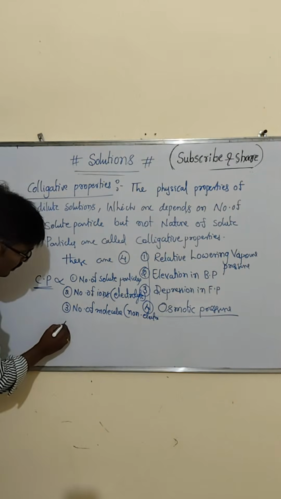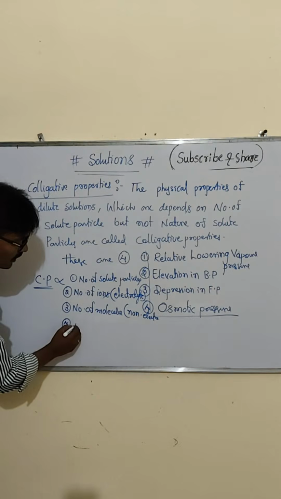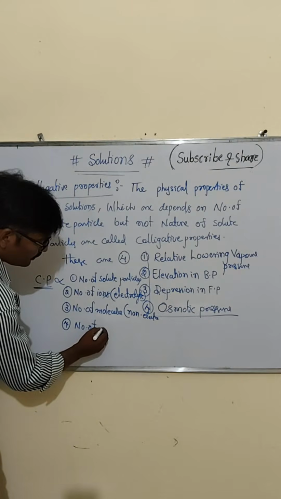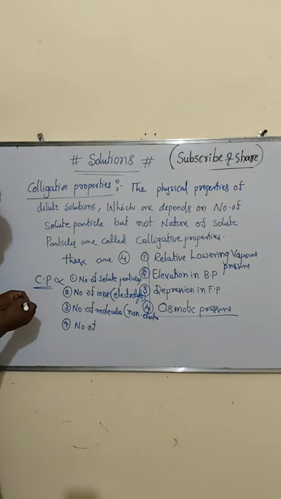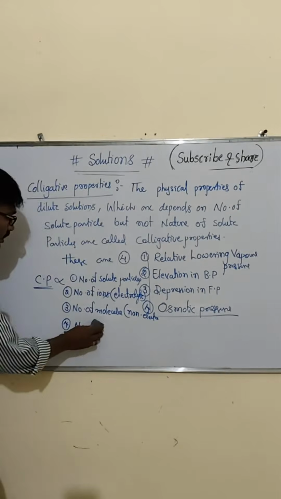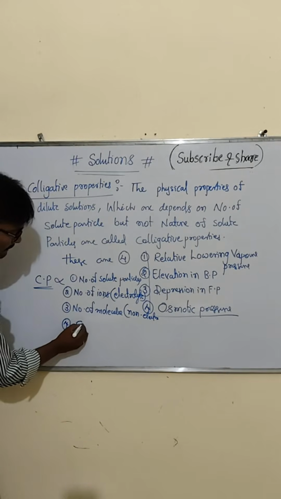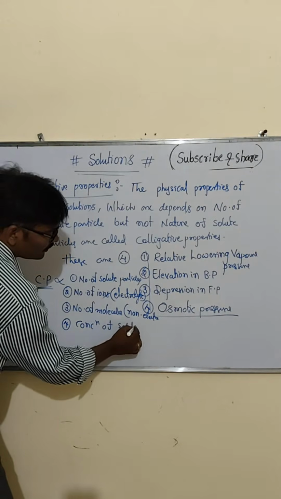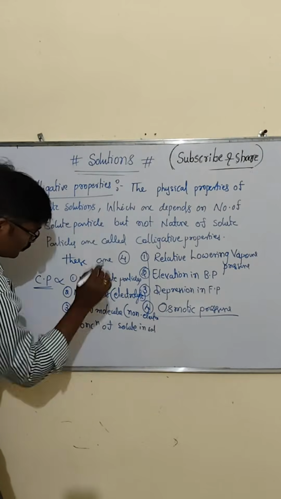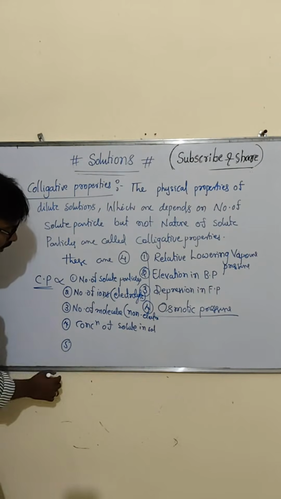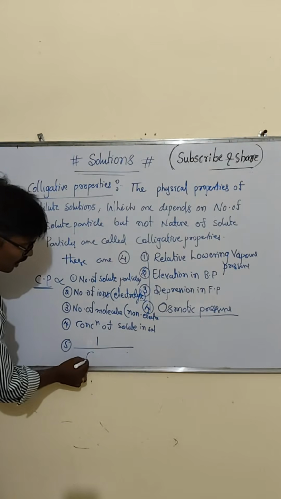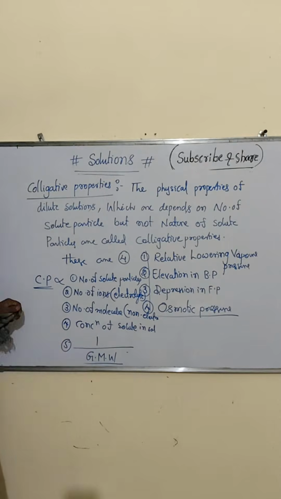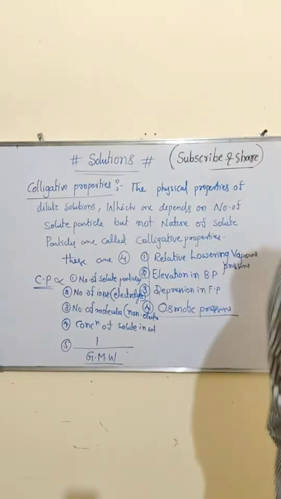Then fourth one, number or concentration of solute in the solution. But the fifth one, inversely proportional to gram molecular weight of the solute.